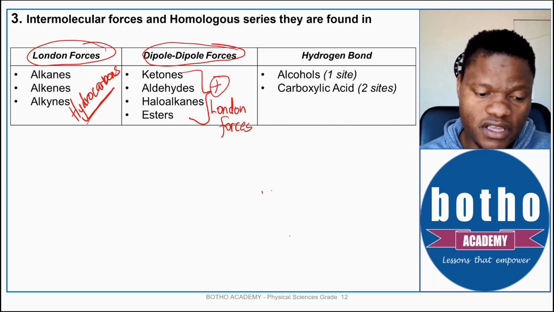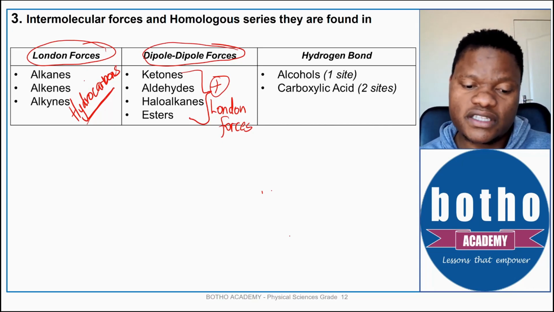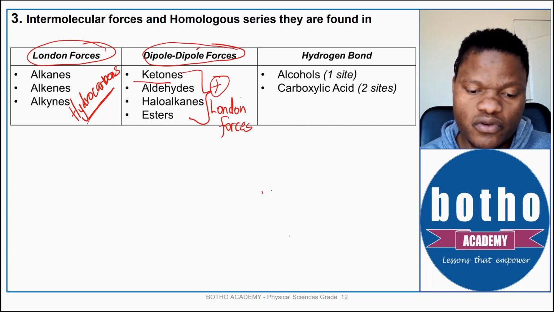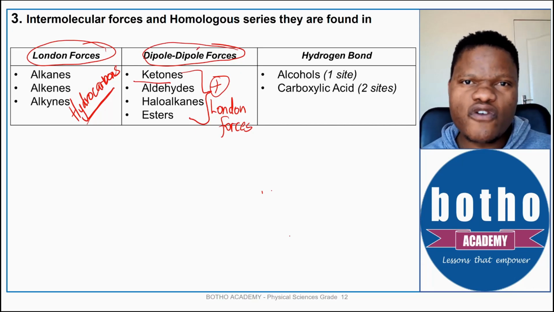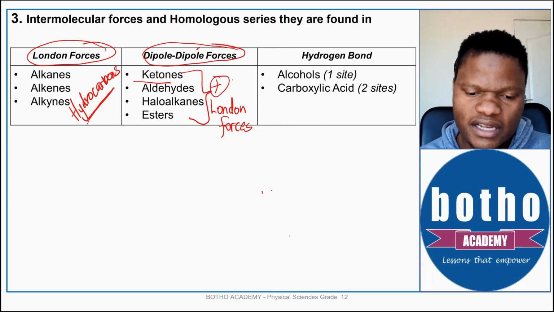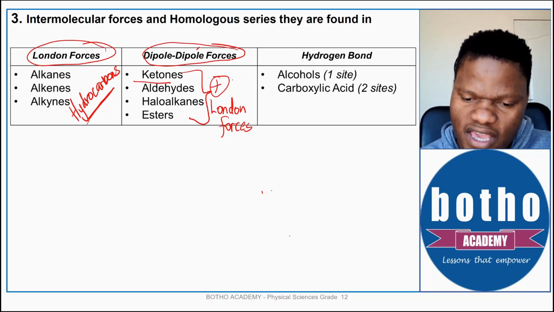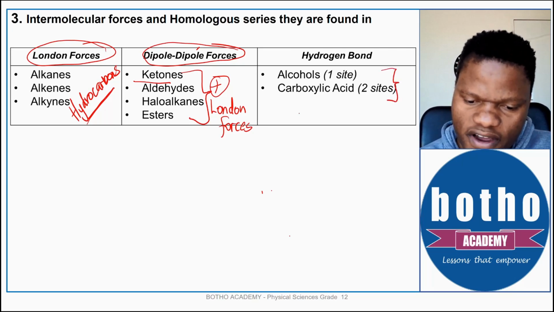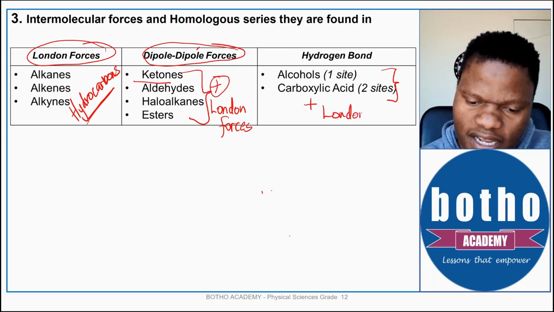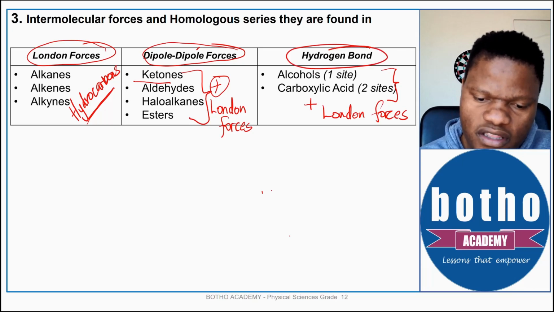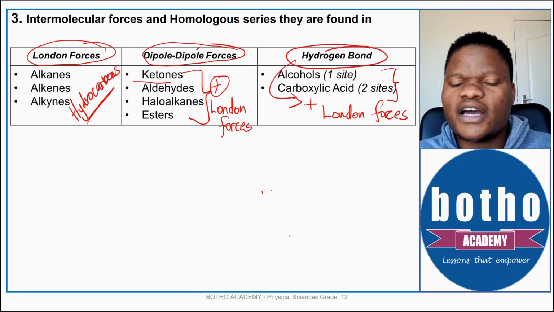They only have the London forces, whereas the ketones will have dipole and London forces. We focus mostly on the dipole because they are stronger than the London forces, as we showed you in the previous slide. Even here the same thing happens. We find that we have hydrogen bond plus the London forces. So the London forces are there together with the hydrogen bond.